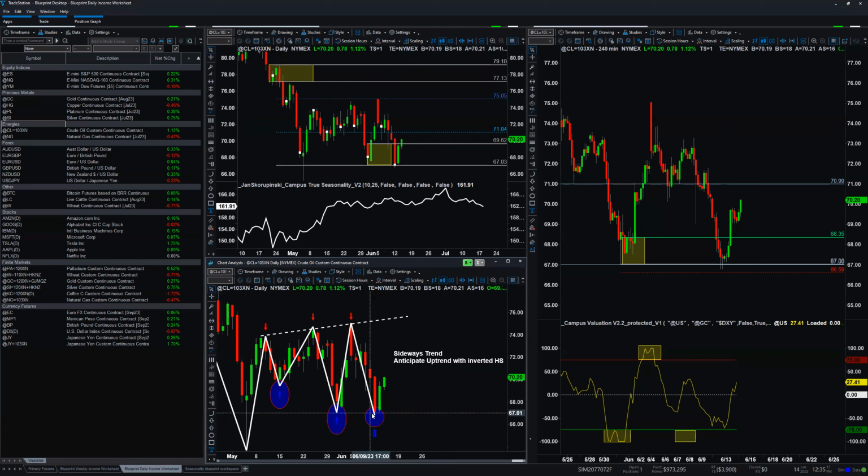However, it's not really a higher low. I would call it the same low or even a lower low. So it's not really a head and shoulders anymore, right? This cannot be a head and shoulders, so it can also not be an anticipatory uptrend. So it's just a sideways trend.